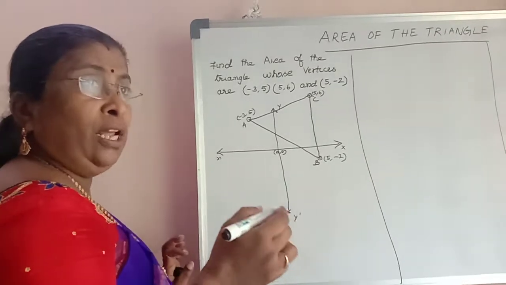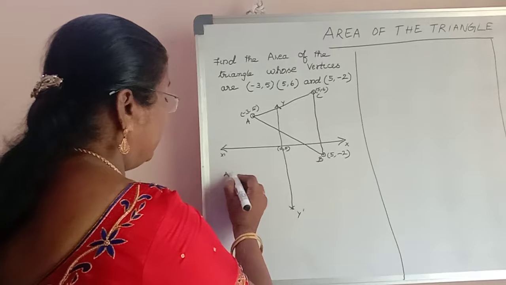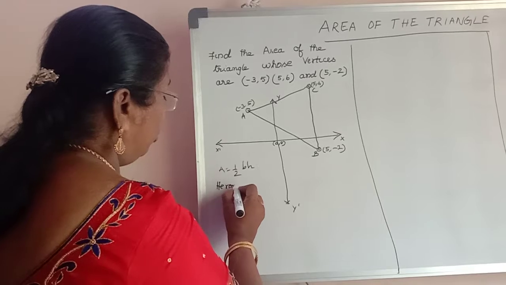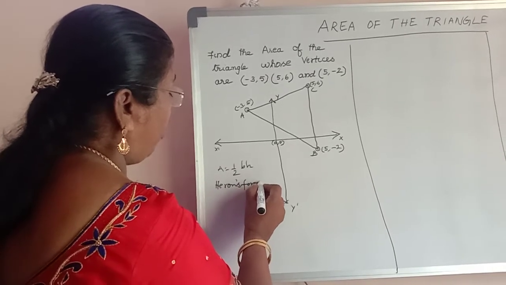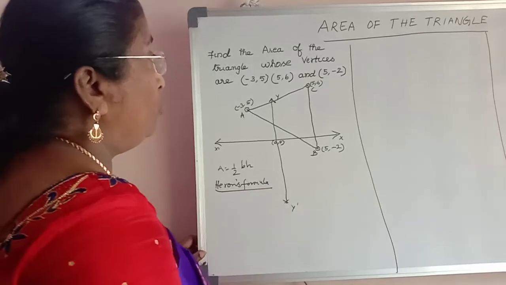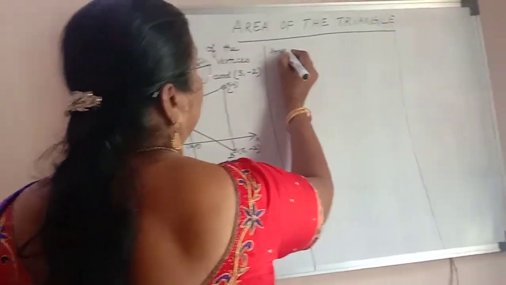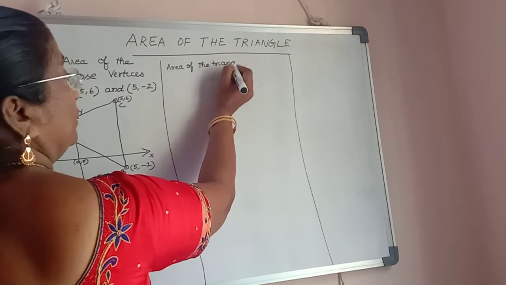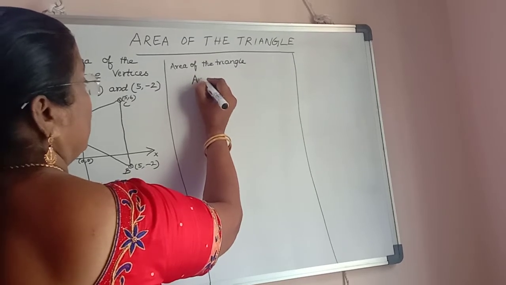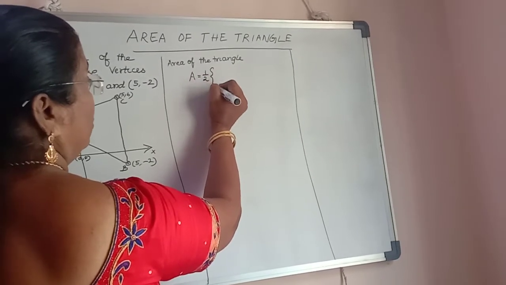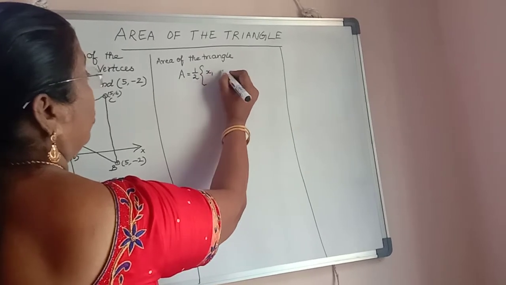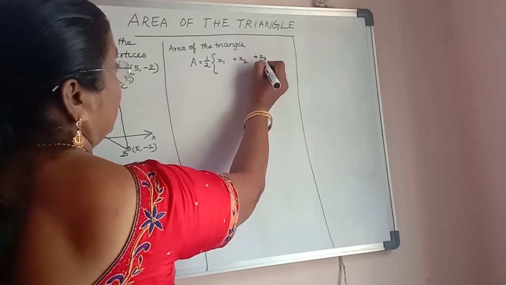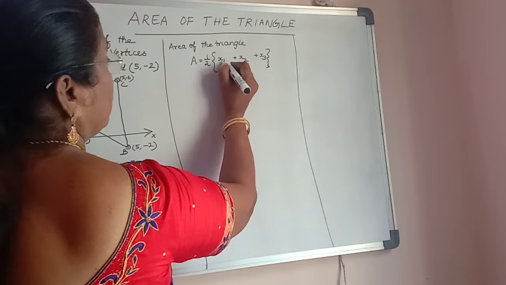Already you have many formulas to find the area of the triangle, such as A is equal to half BH and also Heron's formula. So now we are going to form another formula using the vertices. So now the area of the triangle is given by the formula A is equal to 1 by 2 [x1 y2 plus x2 y3 plus x3 y1]. You write it like this, x1, then after x1, what is your y value?